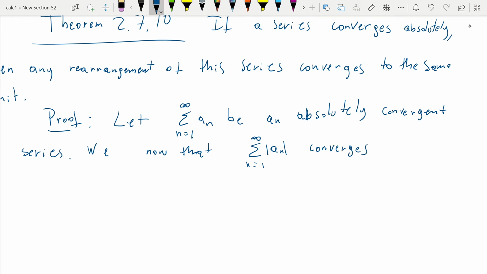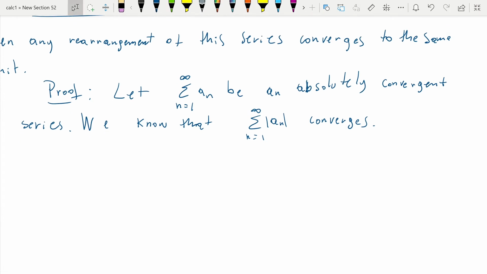This is just the definition of absolute convergence for the series a sub n.